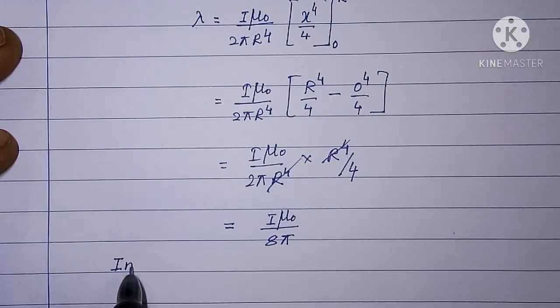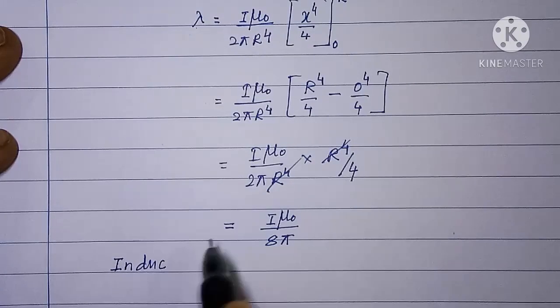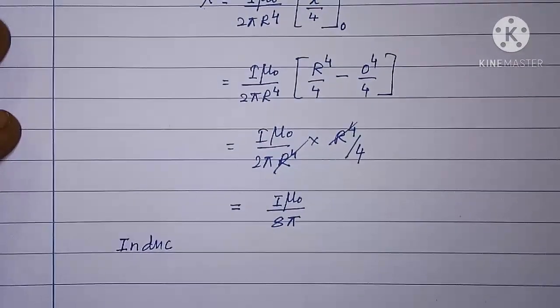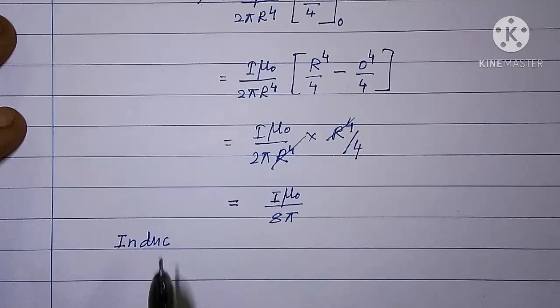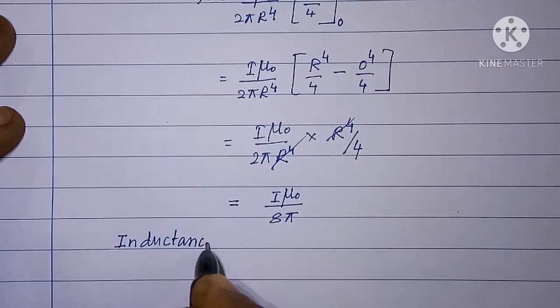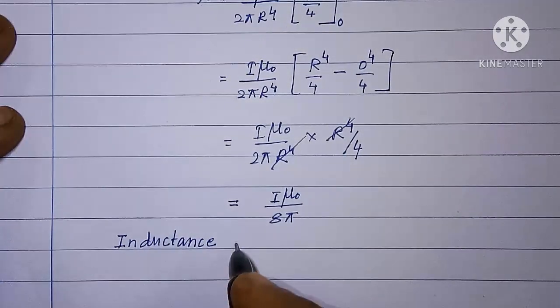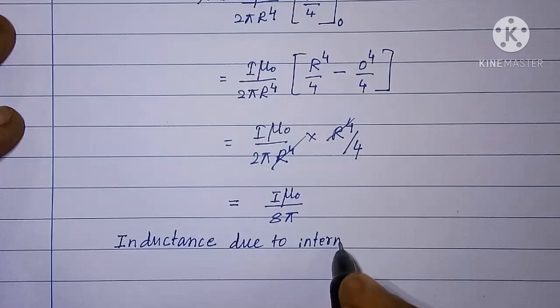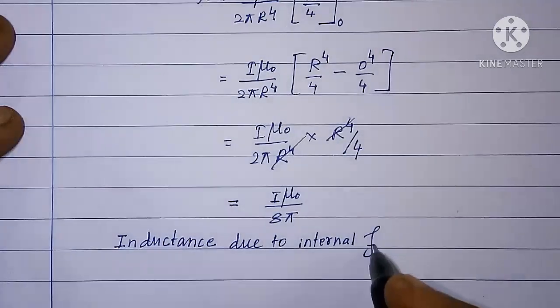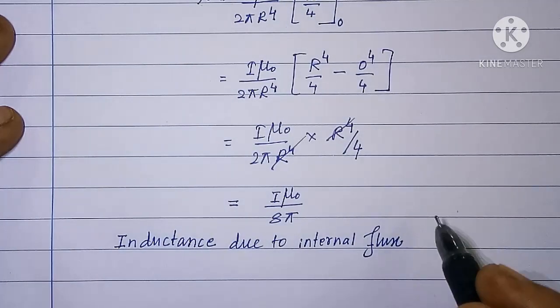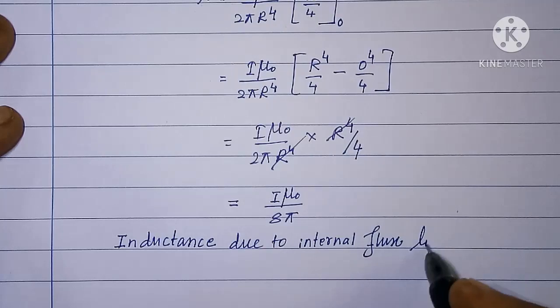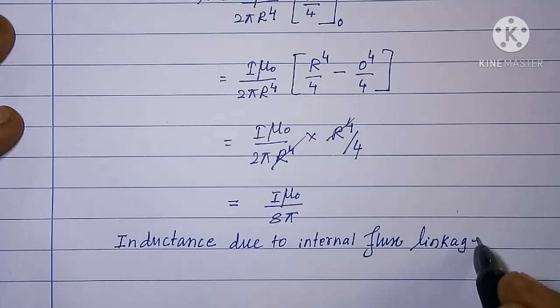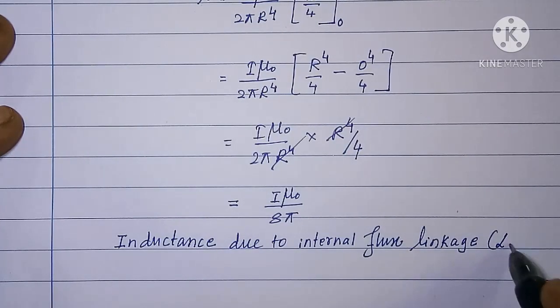Now we can write the inductance of the conductor, because we know the total flux linking the conductor. Inductance due to internal flux linkage, let us denote it by L int. Int means internal.